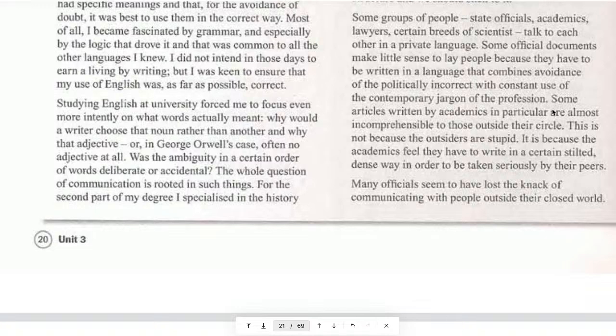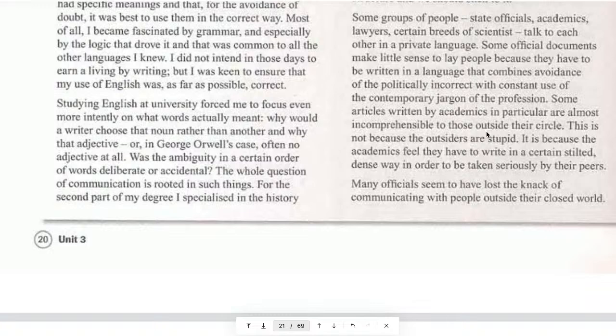So you think that the answer is right here. Some articles written by academics in particular are almost incomprehensible to those outside their circle. It's not because the outsiders are stupid. It is because the academics feel they have to write in a certain stuffy, dense way in order to be taken seriously by their peers. Right?